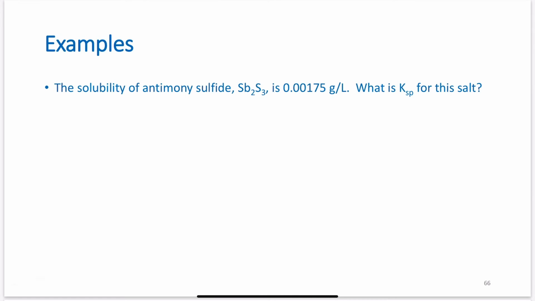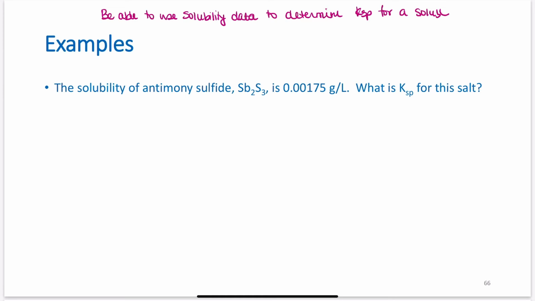Okay, learning objective. Be able to use solubility data to determine the Ksp for a soluble salt. The solubility of antimony sulfide, Sb2S3, is 0.00175 grams per liter.